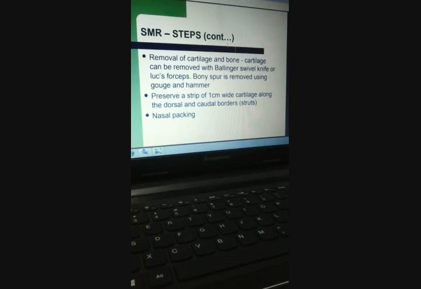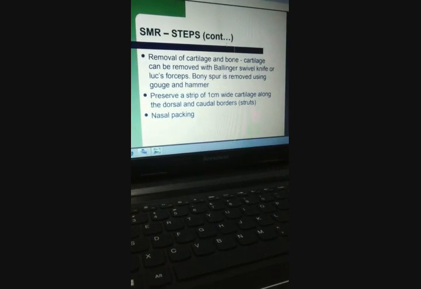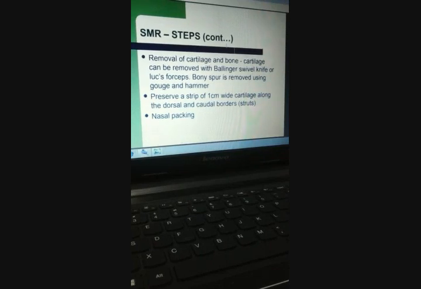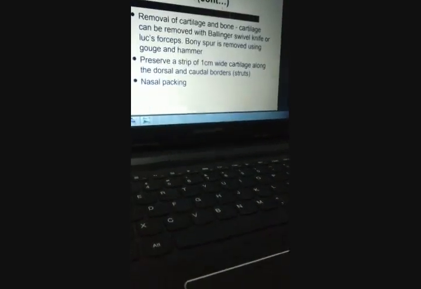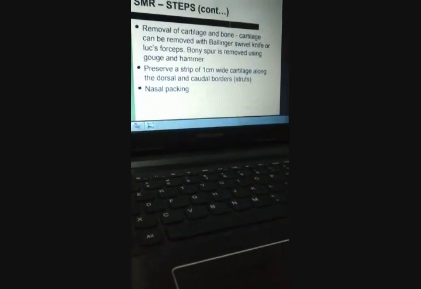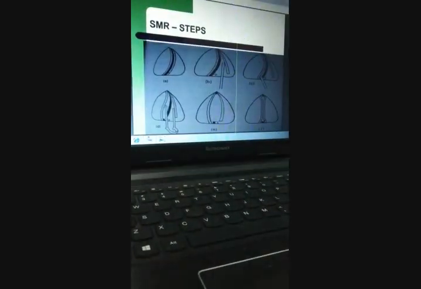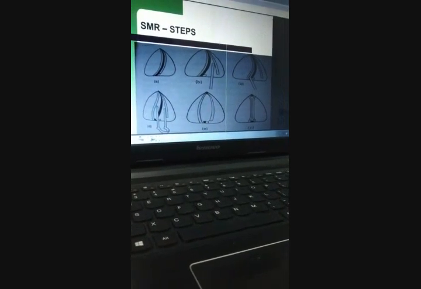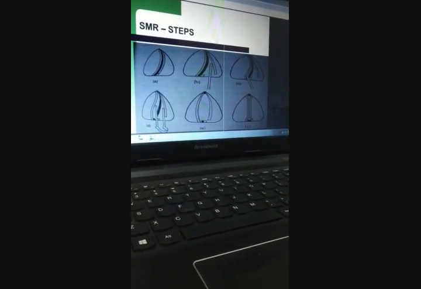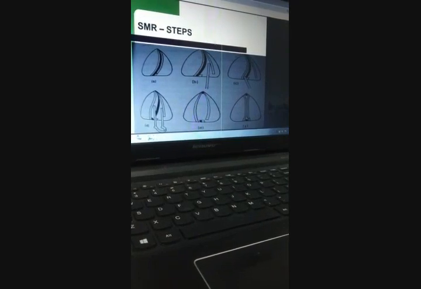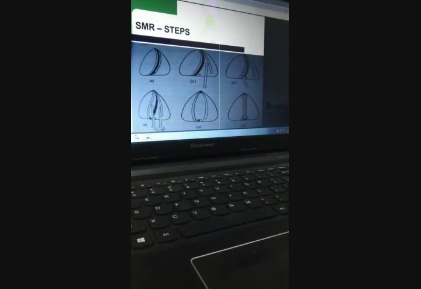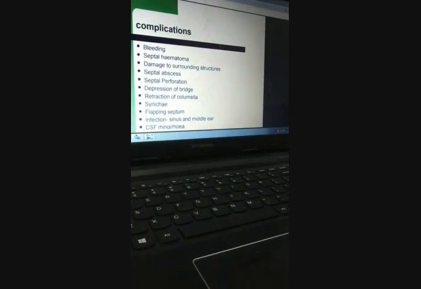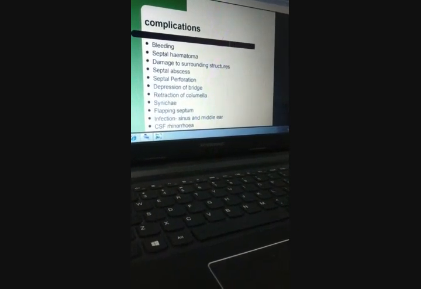Bony spur is removed by using gouge and hammer or by drill. So after the operation, we should pack both of the nasal cavity after repositioning the flaps. These are the different steps of SMR operation shown in this figure.